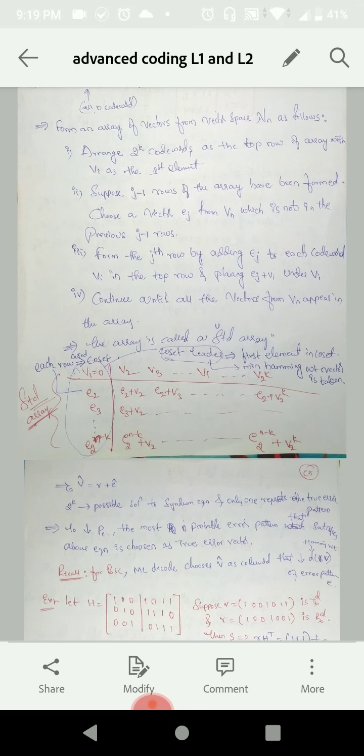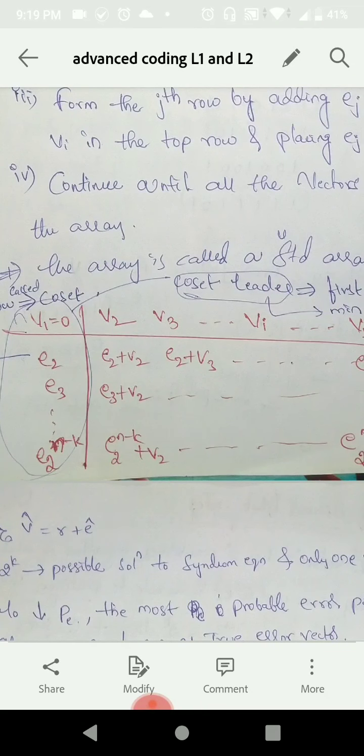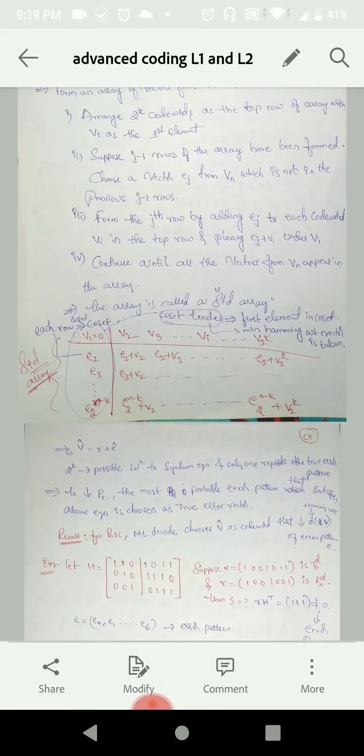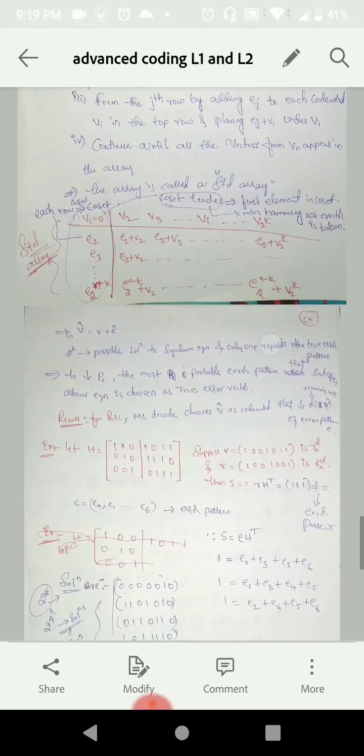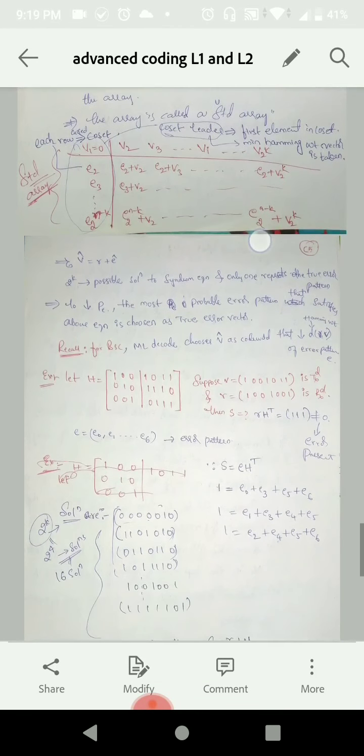So we need to write in this form, and the successive next values of the coset have to be designed in such a way that e2 must be added with the code word, and e2 must be added with v3. This is the pattern by which we are making this happen, and this has to be done till we end up with all the vk and ek values.